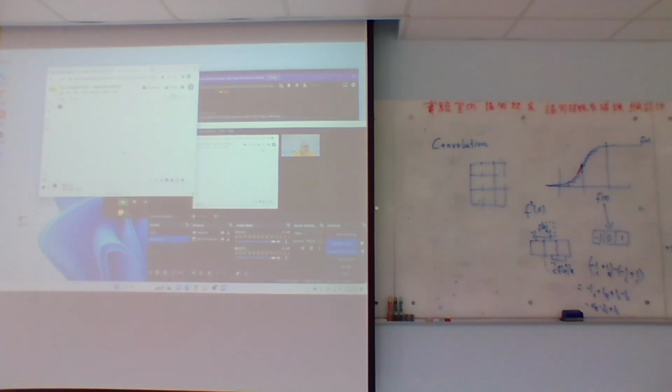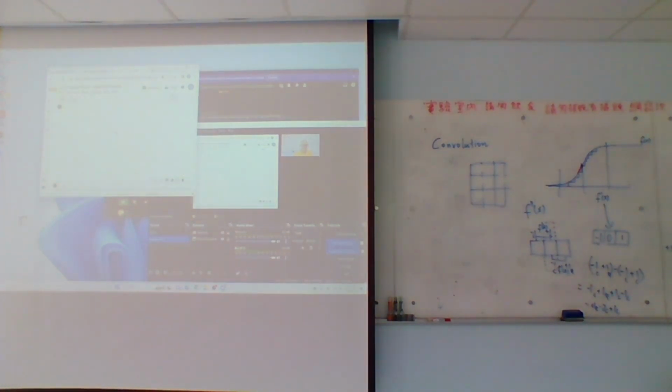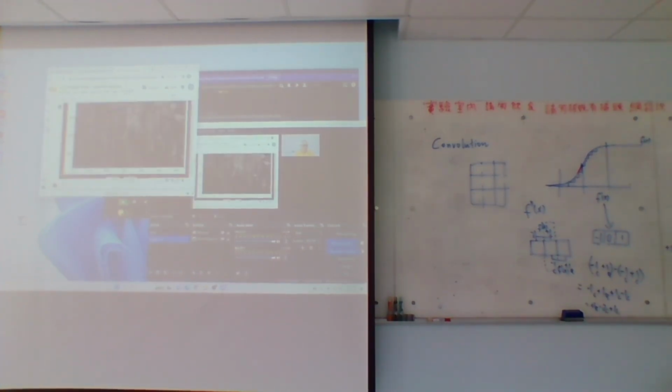So now we use the same kind of coloring. So that would be the difference.